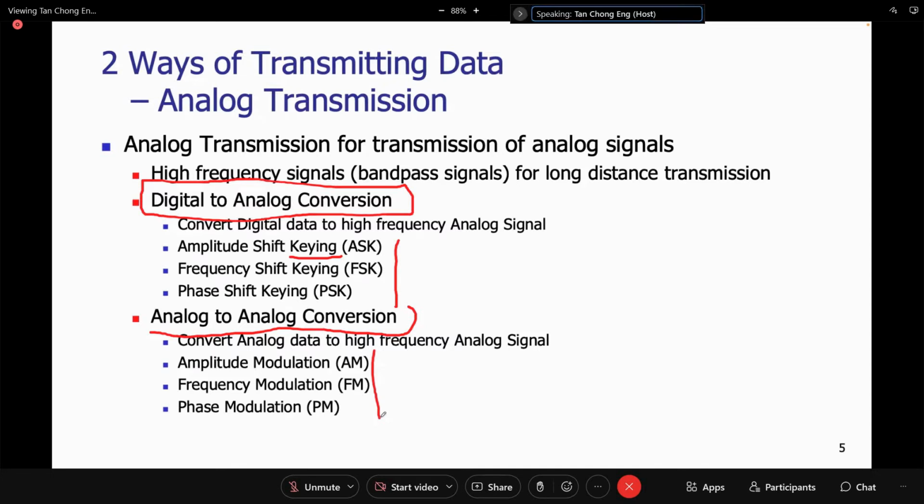If the voice is not encoded into an analog signal, such as using FM or AM or even PM, then your voice won't be able to travel such a distance. So at the end of the day, long distance always involves an analog signal. That is the thing you always have to remember.